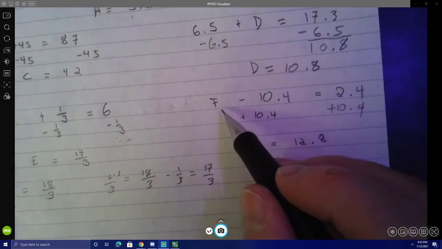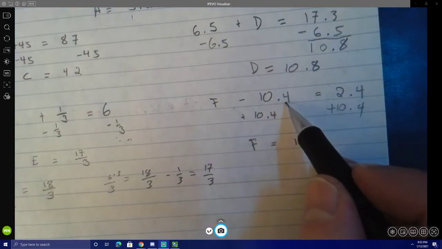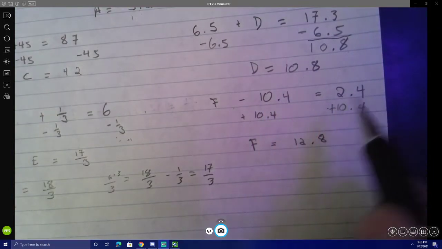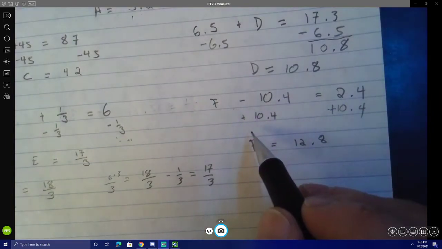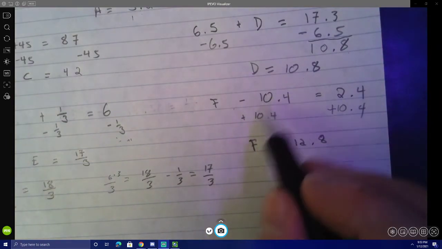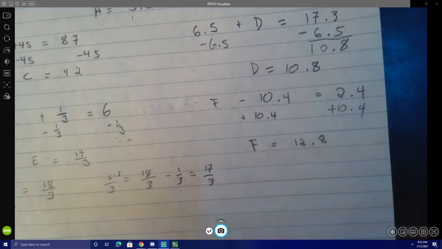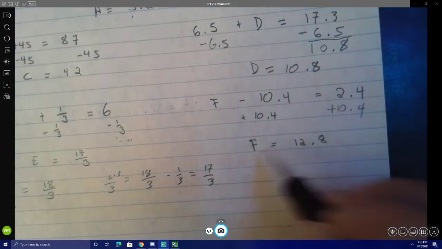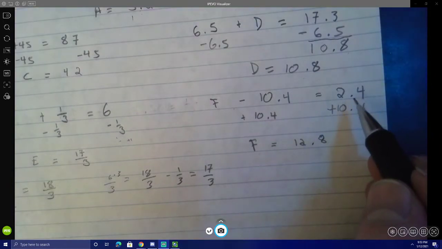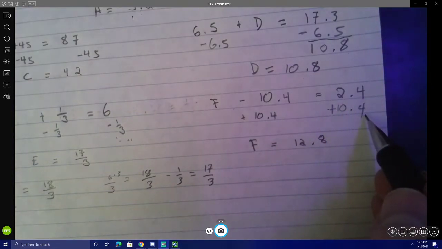For this problem, we had f minus 10.4 equals 2.4. So because we have a negative value here, we can add 10.4 to both sides to isolate our variable f. So if I add 10.4 to the left side, that gives me just f remaining. And then on the right side, I take 2.4 plus 10.4.